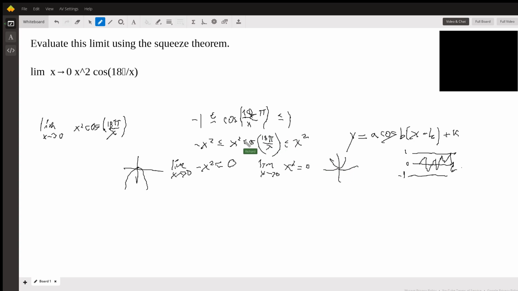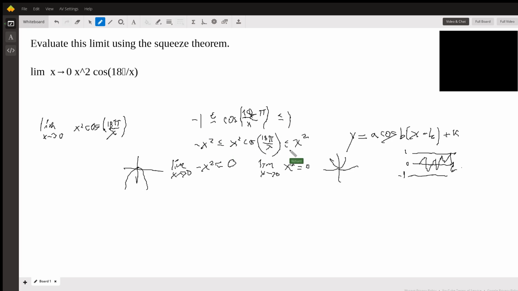And because what's in the middle has to always be greater than what's on the left and less than what's on the right, these two things are going to both approach zero. And the thing in the middle also has to approach zero. That's the squeeze theorem. So for the squeeze theorem, you first set up an inequality that must always be true.